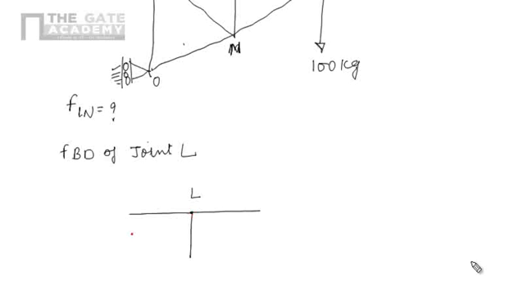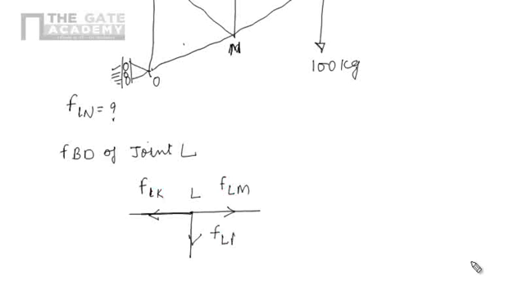And now according to our assumption, all the forces in the members of a given truss are tensile. So for showing tensile forces in the members, the arrow should be away from the joint. So this force will be F LK, and this force will be F LN.